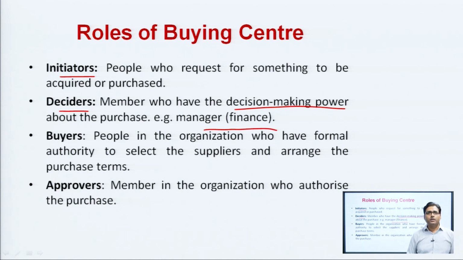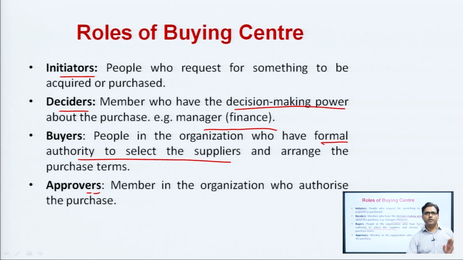Next, there may be the buyers. The buyer is the person who will be engaged in making the formal interaction with the sellers. It means the formal authority to select the suppliers and arrange the purchase terms and conditions. Then there may be the approvers. Approvers are the members in the organization who authorize what decision can be made regarding certain kinds of goods or services.